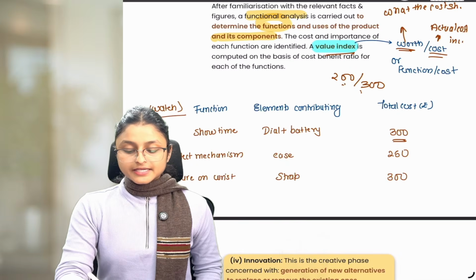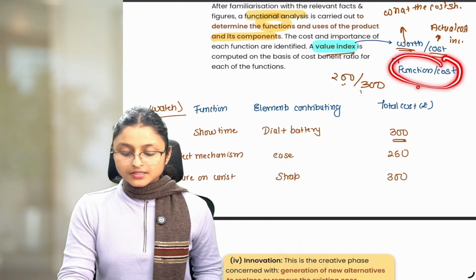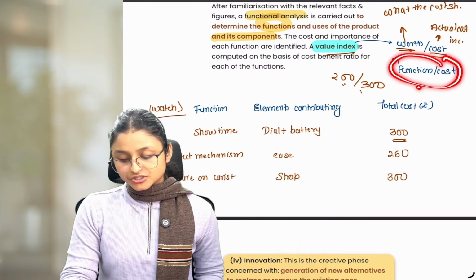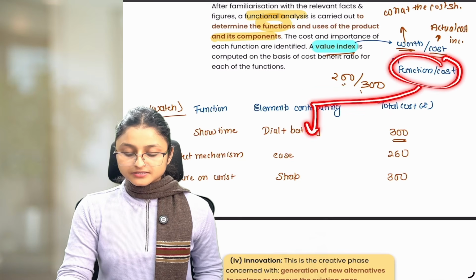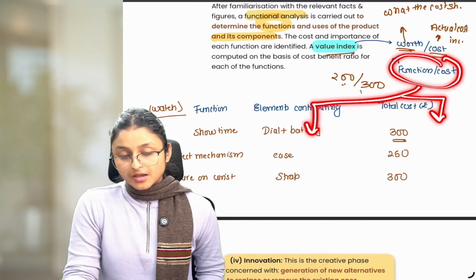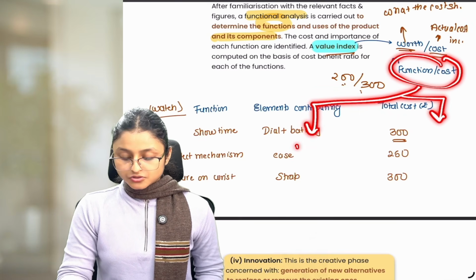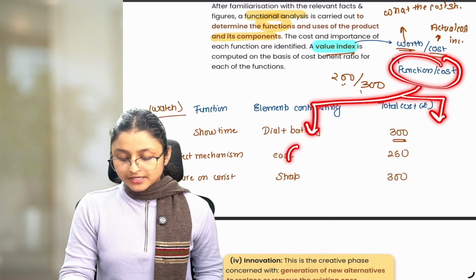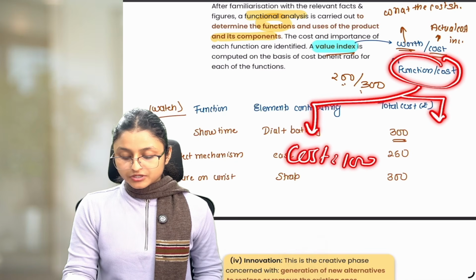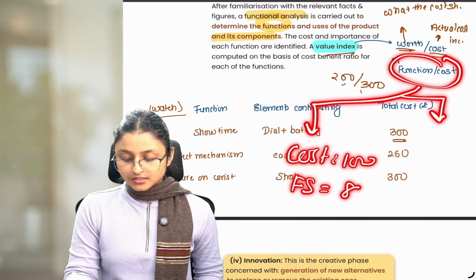Or else, I can use function by cost. But function by cost needs comparison. I need to compare the current situation with what happens in future. So let's assume that currently my cost is 100 and my function score is 80.